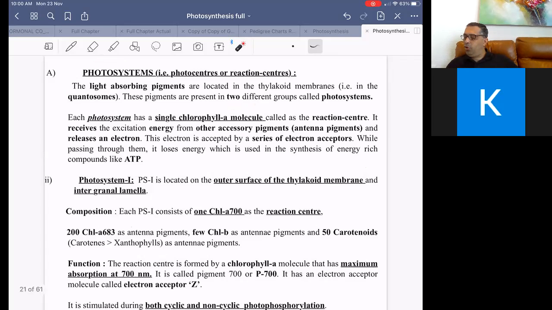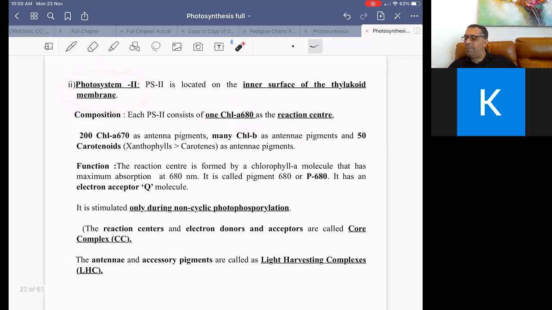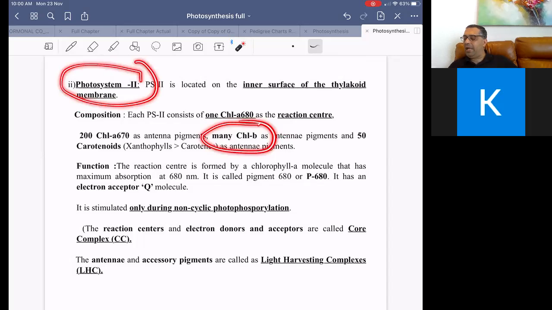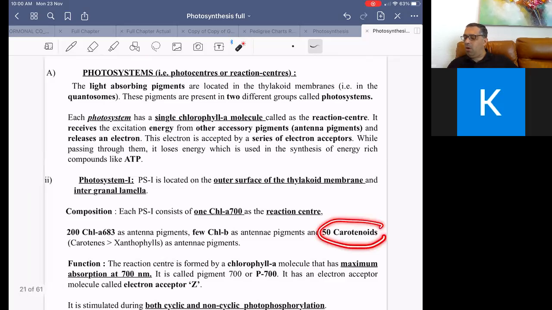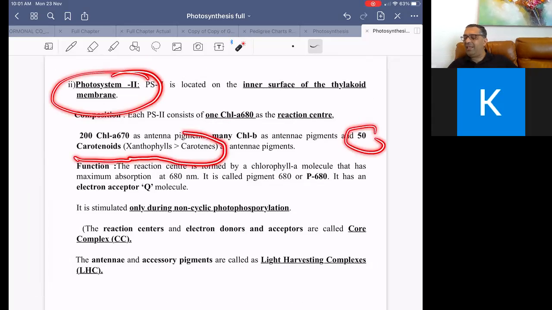There were few chlorophyll B as antennae pigment in photosystem 1, but in photosystem 2 there are many chlorophyll B. And there were 50 carotenoids in photosystem 1, carotene greater than xanthophyll. In photosystem 2 again there are 50 carotenoids, but xanthophyll is greater than carotene.